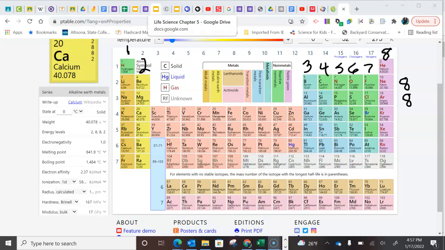If you make it all the way down to here, you actually get 18, and if you go crazy all the way down here where you get your lanthanoid and actinoid series, it now jumps up into 32. But for our purposes, we're going to kind of focus on these atoms up here and these atoms over here.